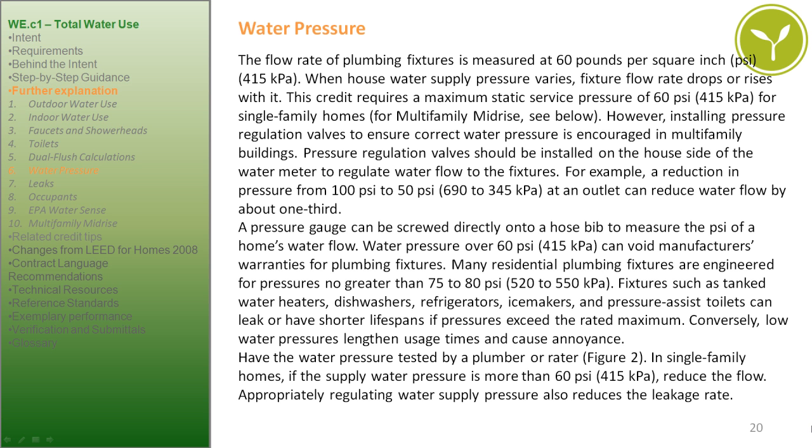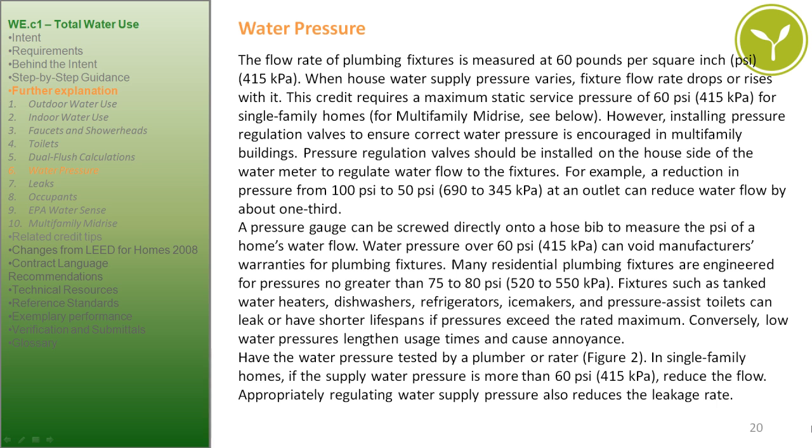Many residential plumbing fixtures are engineered for pressures no greater than 75 to 80 psi or 520 to 550 kPa. Appliances such as tanked water heaters, dishwashers, refrigerators, ice makers, and pressure-assist toilets can have shorter lifespans if pressures exceed the rated maximum.